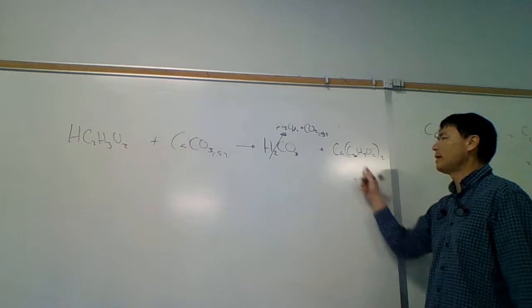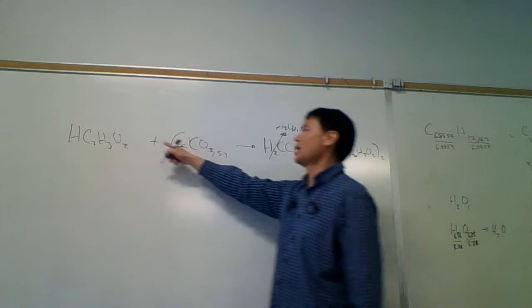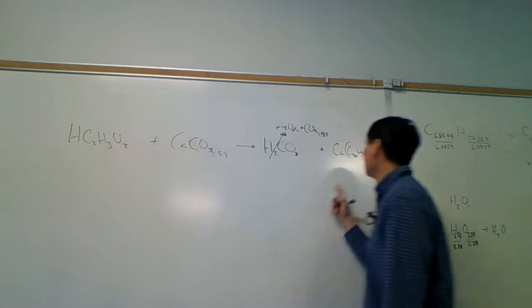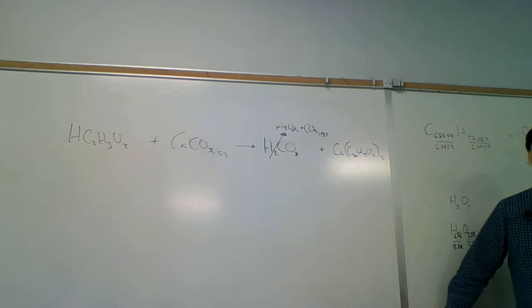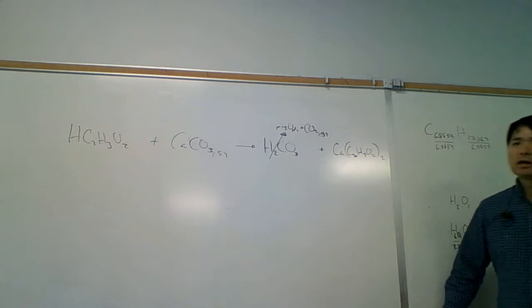This is called calcium acetate. So it's calcium with acetate ion. Calcium acetate, is it soluble? Yeah, acetates, nitrates, chlorides, they're all soluble. So is there any driving force for this? Stronger acid to weaker acid.